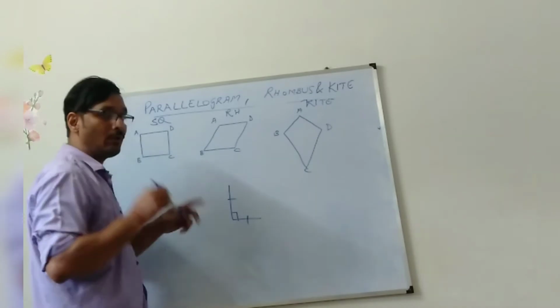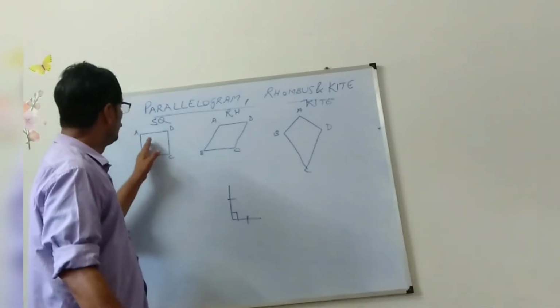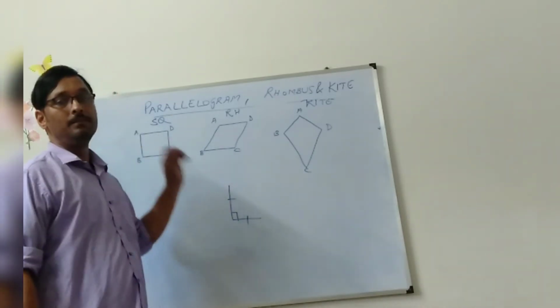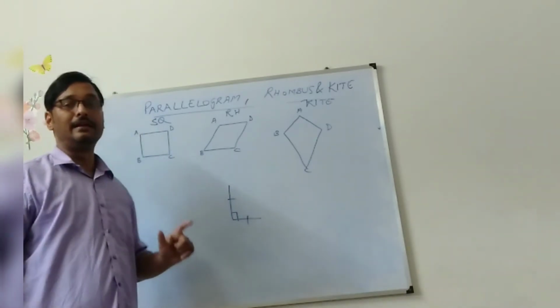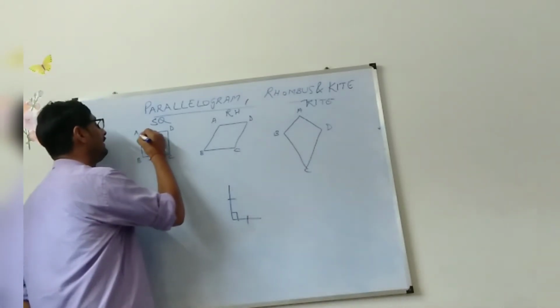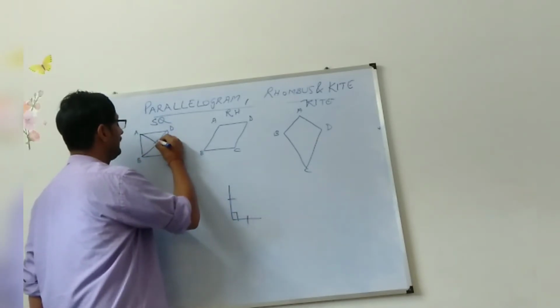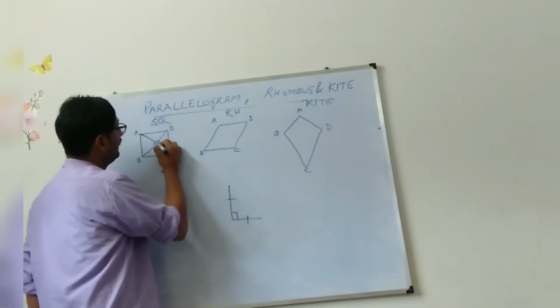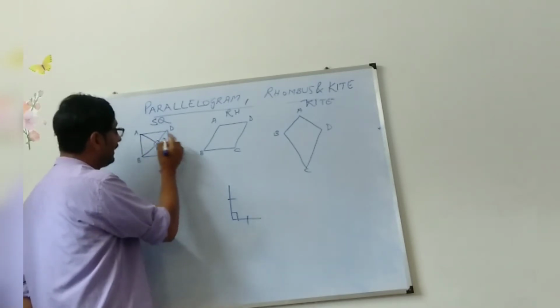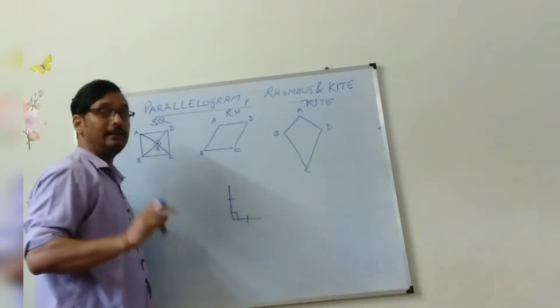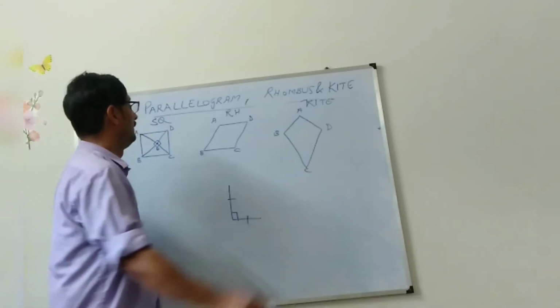So a square is a quadrilateral whose all sides are equal, all angles are 90 degree, and diagonals bisect each other at 90 degree. Over here they are making 90 degree. At this point they are making 90 degree. So mind it.